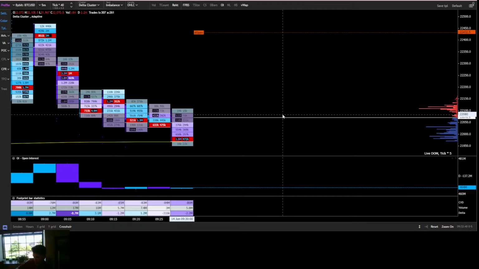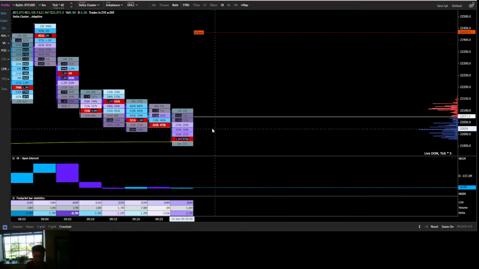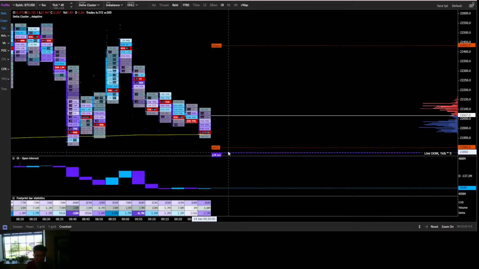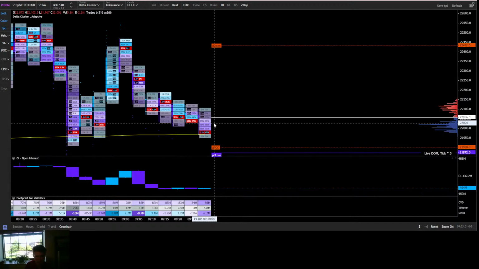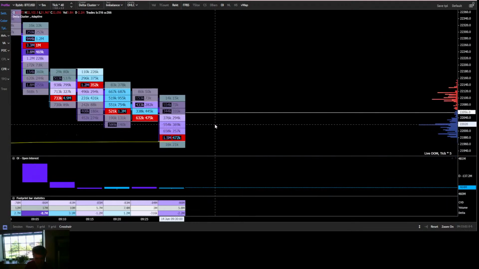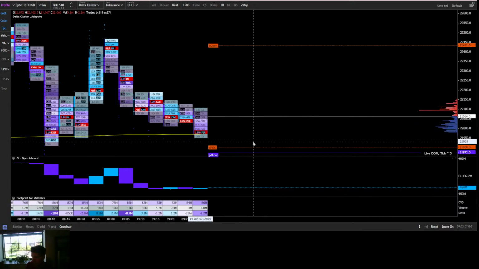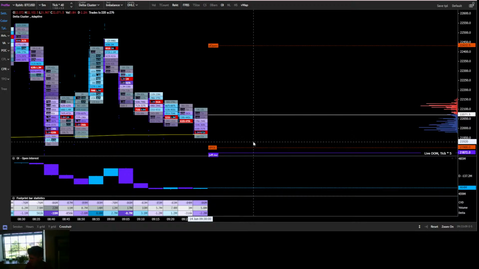That's why price goes back towards the previous day and copies that price action a little bit. But again, not financial advice.